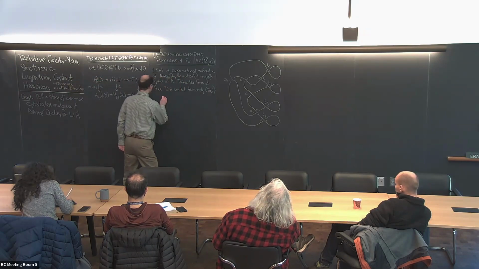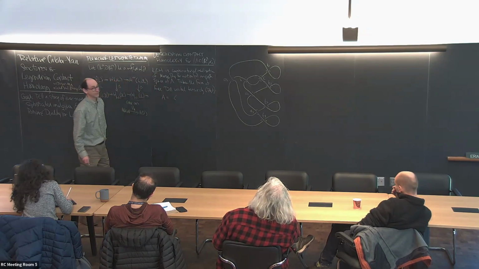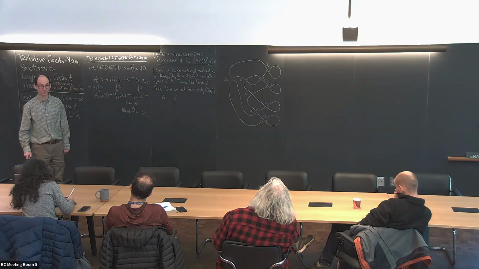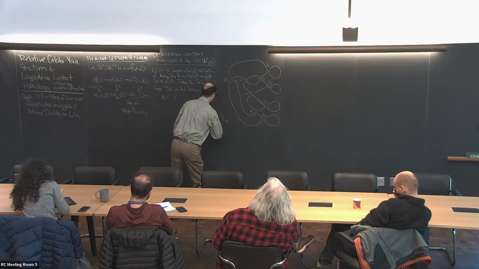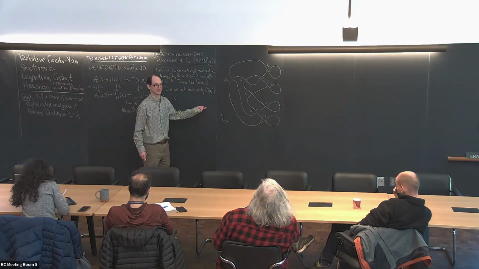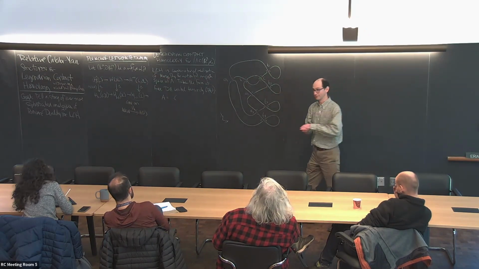So I'm going to let A be just the vector space generated by the Reeb chords of the Legendrian, in this lovely well-placed picture, the crossings of the projection to the xy plane.